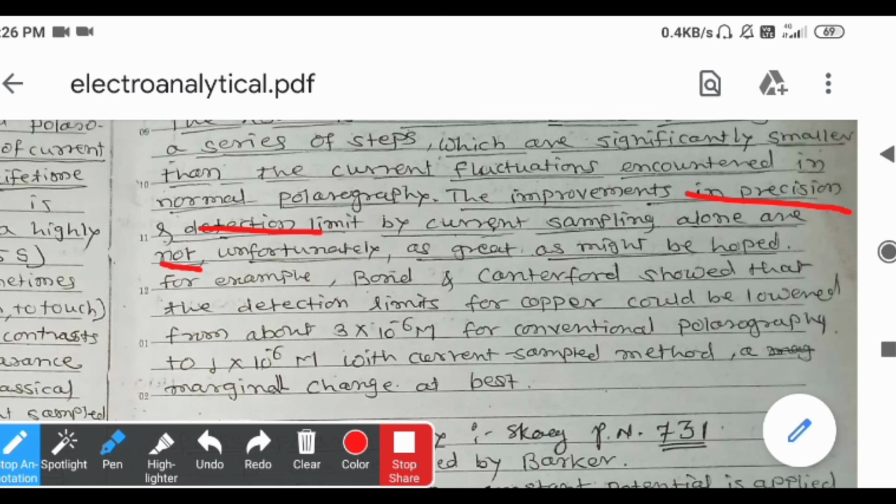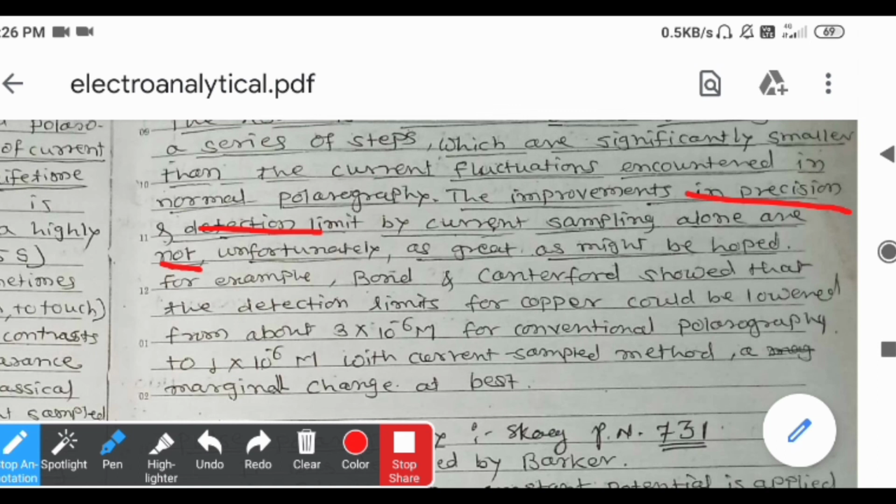Also, one major limitation of this tast technique is the mercury. Mercury is hazardous in nature, so its applications are quite limited nowadays.